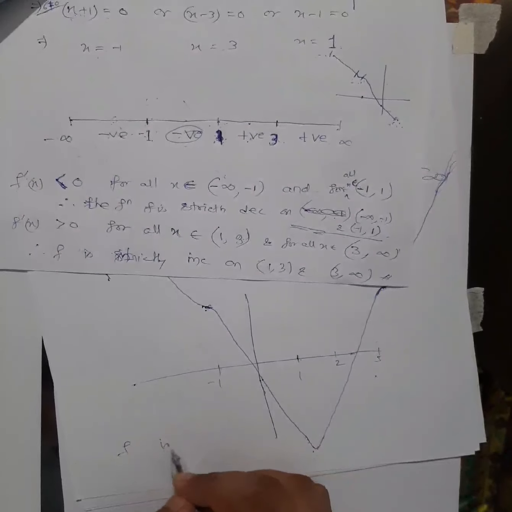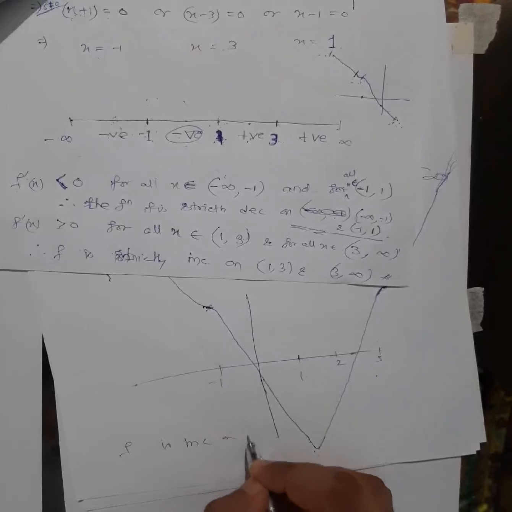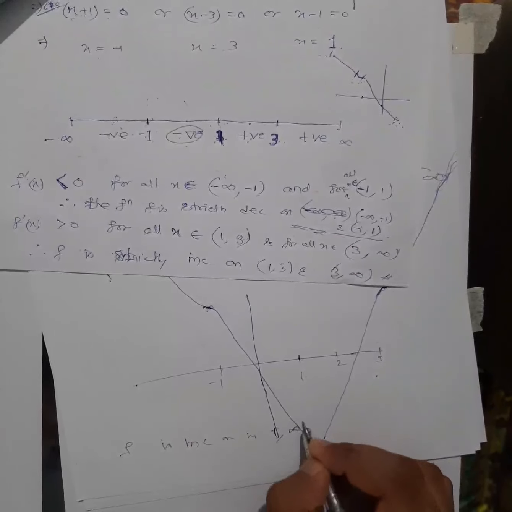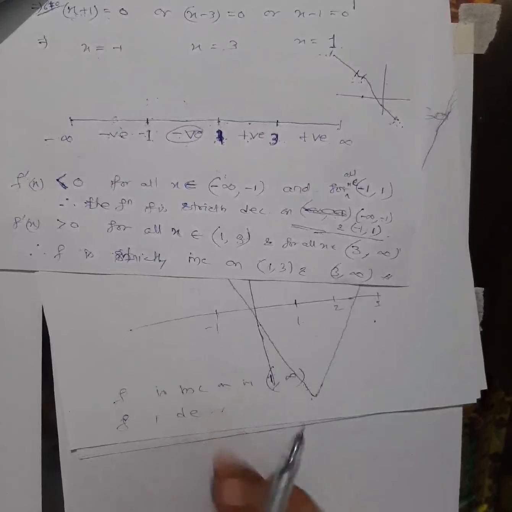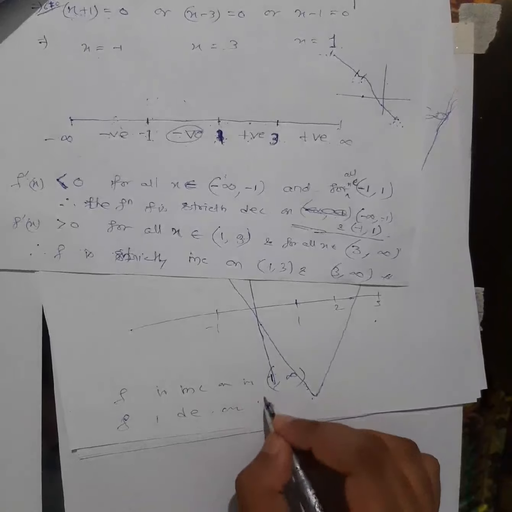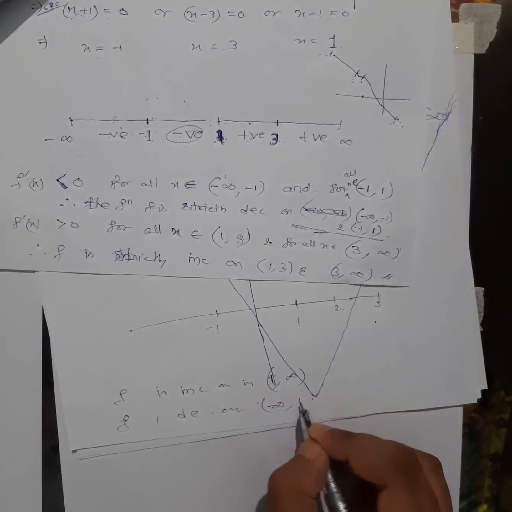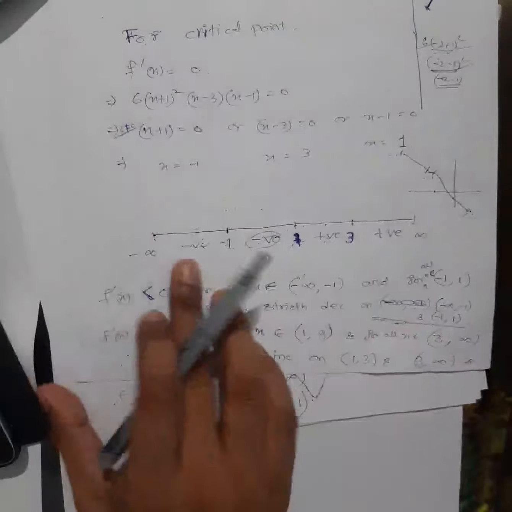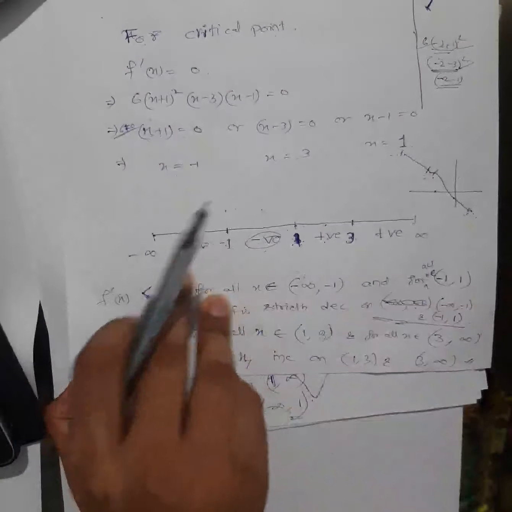Function f is increasing on the interval, directly we would have written 1 to infinity, okay? f is decreasing, directly we would have written on the interval -infinity to 1, okay? And when you don't have to find out strictly decreasing, all these things, you don't have to find the critical point like this. Directly also you can do it like this.